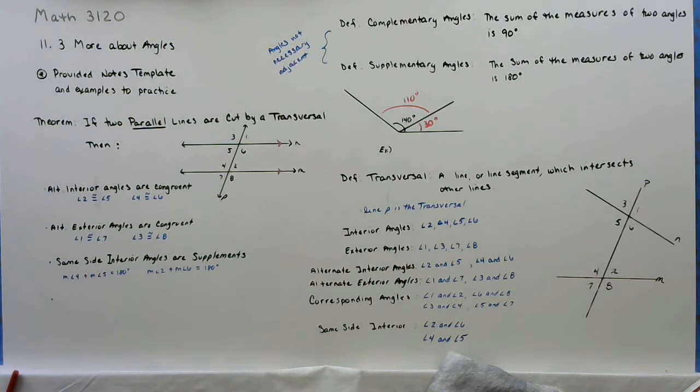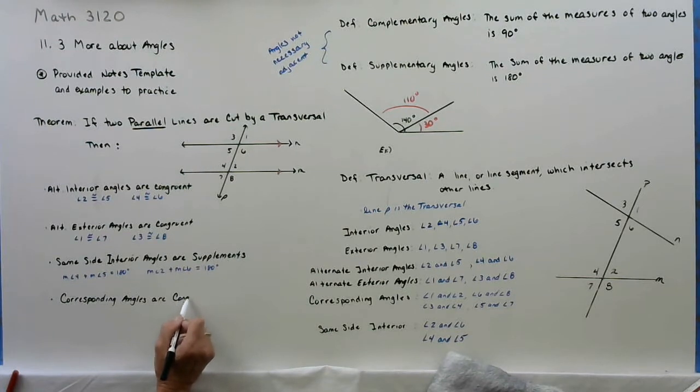And if they are parallel, the last piece of information is that corresponding angles are congruent. Remember, corresponding meant that they were sitting in the same location.